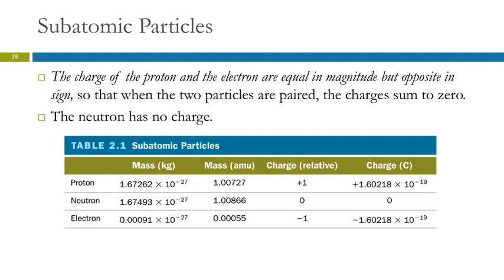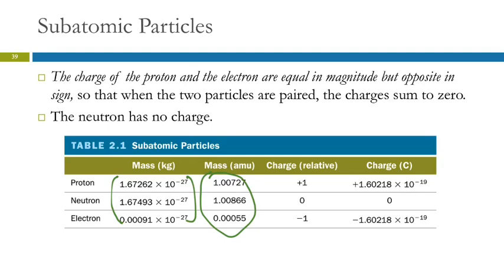So this is a useful table giving us some of the properties of subatomic particles. We're talking about mass. There's masses in kilograms. That's nice, but not really all that important. These masses are more significant. I don't expect you to remember all of those digits.